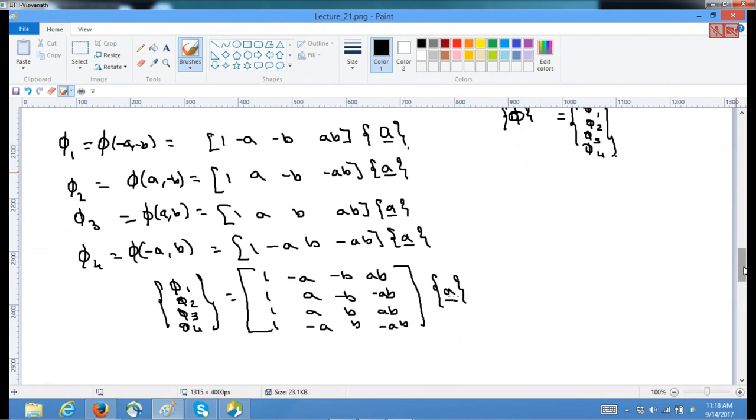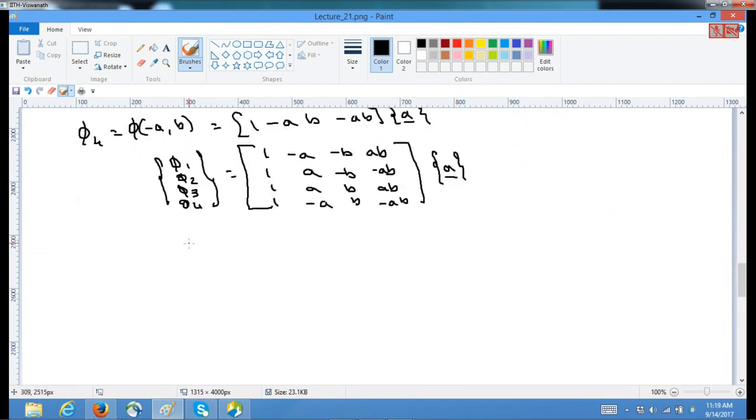So this thing I can further write as phi, which we have just called earlier, this I call as capital A times small a.